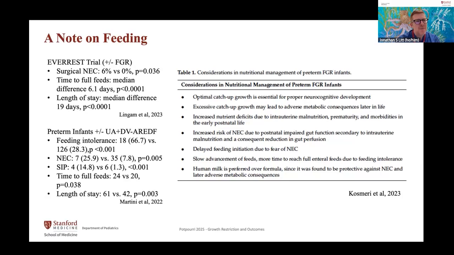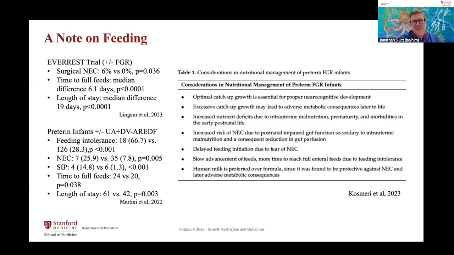The first one that I'll talk about is this Evers trial that looked at rates of surgical NEC in infants with growth restriction, which are certainly higher. The time to achieving full feeds is longer for infants who are growth restricted, and length of stay was longer as well.